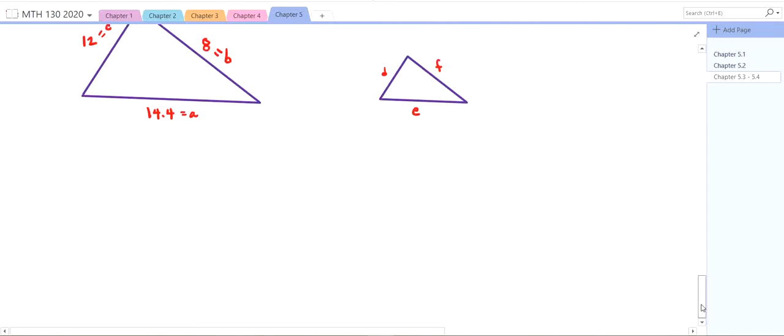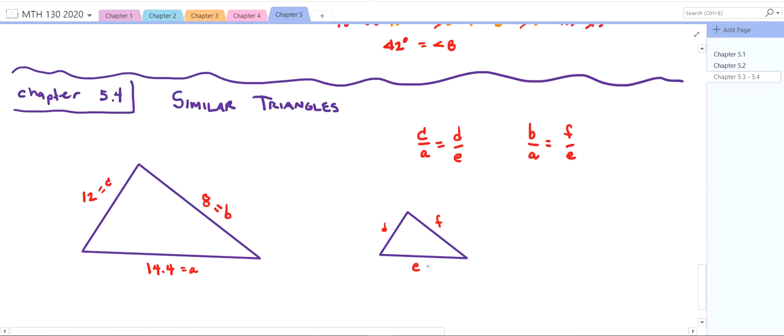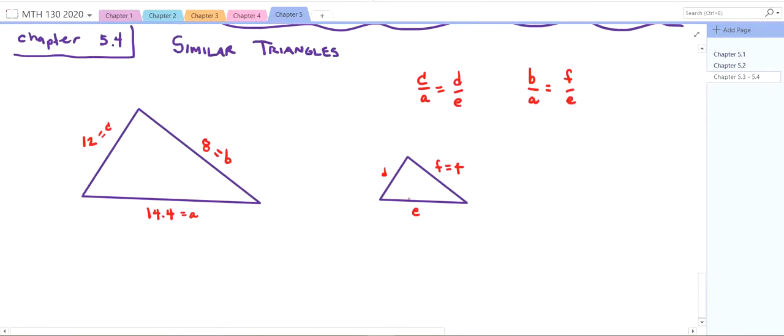So if I know what the length of one of these sides is, suppose I say F equals 4, then I can figure out what these other sides are.